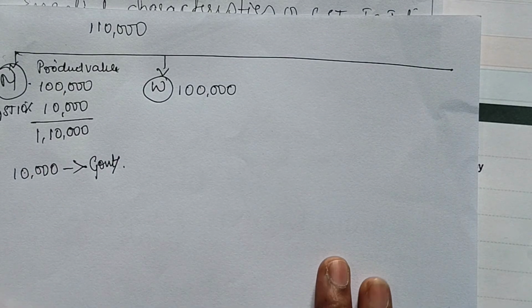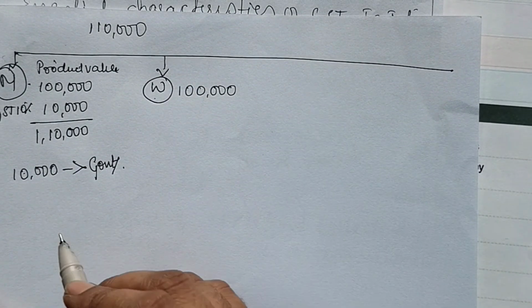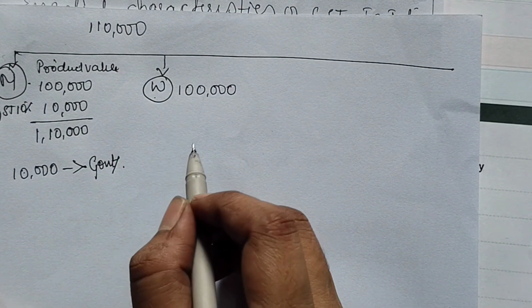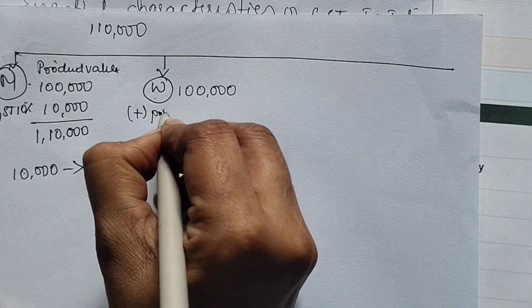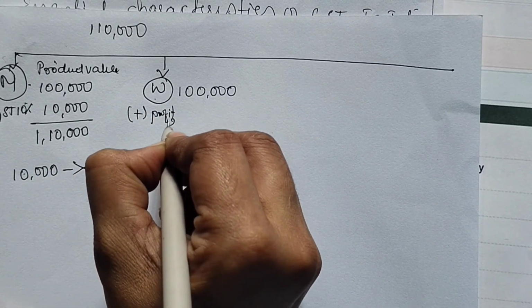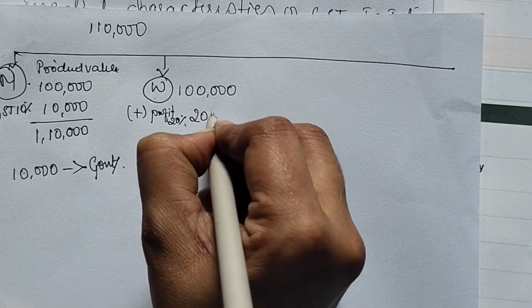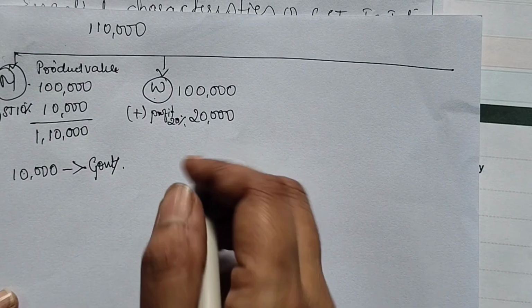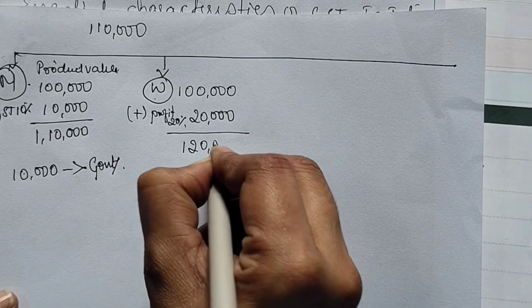Now, the wholesaler will sell this to the retailer. Is he selling it for only 1 lakh? No, you will add a profit margin. Profit margin of 20%. On 1 lakh, 20% means 20,000. 1 lakh plus 20,000 is 1 lakh 20,000.